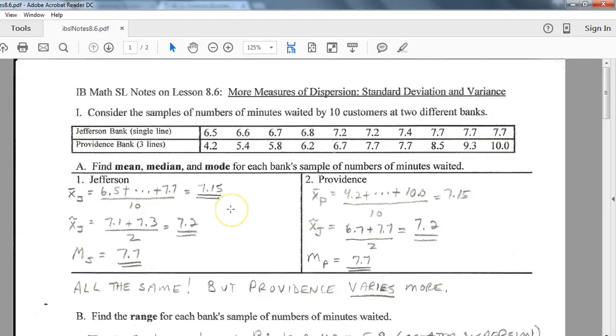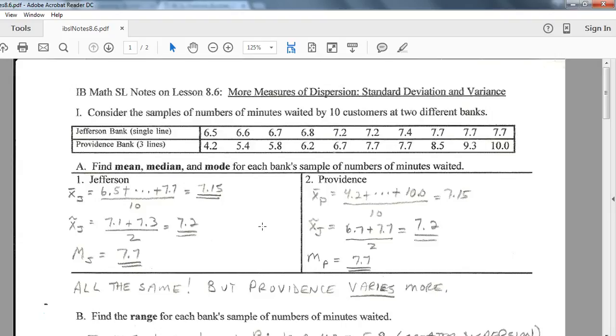If we were to find the mean, the median, the mode, and some of those basic things that we've found before, you'll notice the answers are all the same. We got the same mean, median, and mode for both banks. So anyone looking on would like more information about the difference between the two.